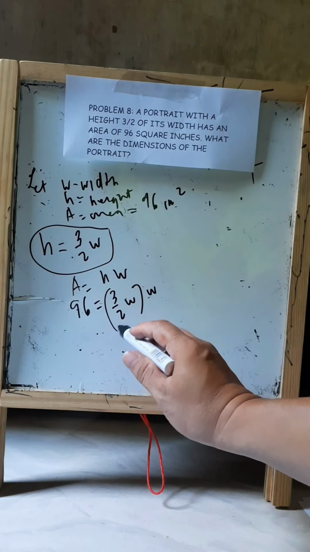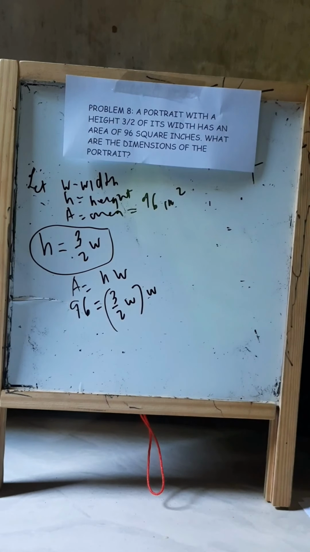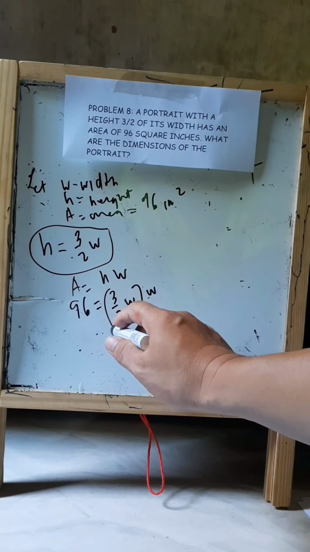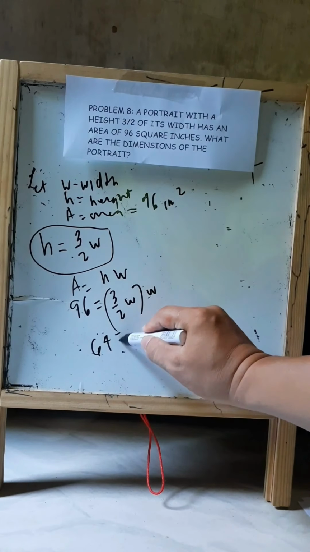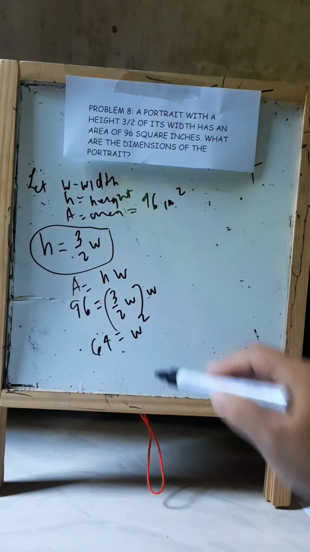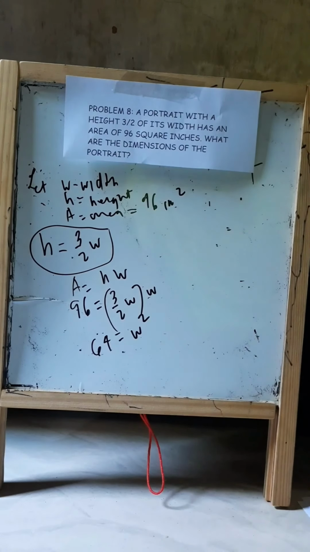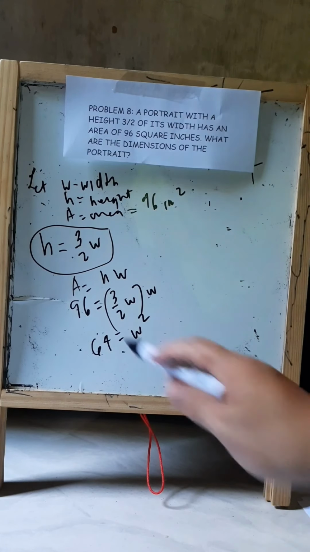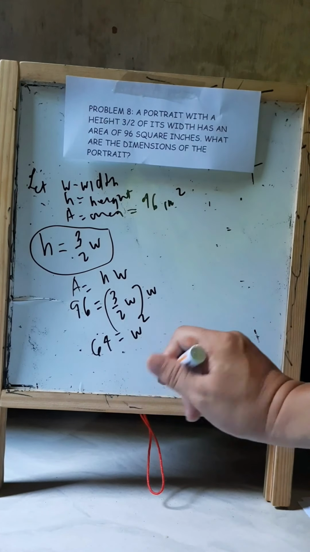So we multiply both sides by 2. 96 times 2 divided by 3 is 64, so W squared is 64. Shortcut: 96 divided by 3 is 32, times 2 is 64.